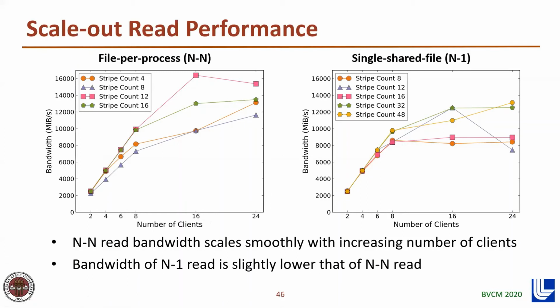We also varied the stripe count, with a stripe size of 512 kilobytes. We found that NN read bandwidth scaled very smoothly with an increasing number of clients. It was also good for N1 read bandwidth, but not as good as NN read bandwidth.